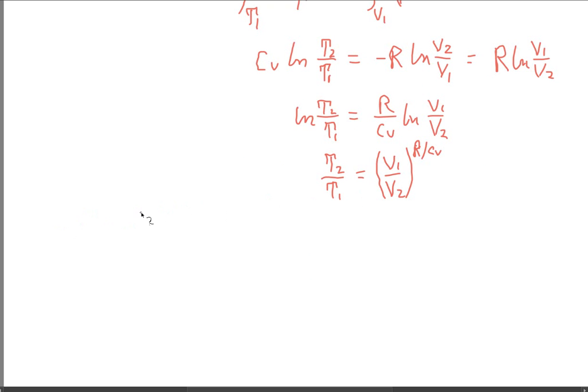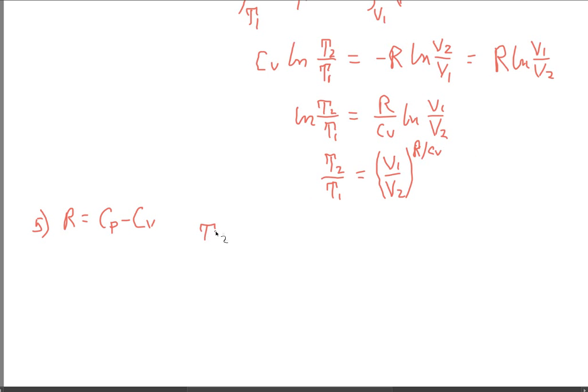All right, step 4 had a few moving parts, but step 5 is not going to be that complicated. In a previous video, we showed that the gas constant was equal to the heat capacity at constant pressure minus the heat capacity at constant volume. So we're going to replace that R right there.